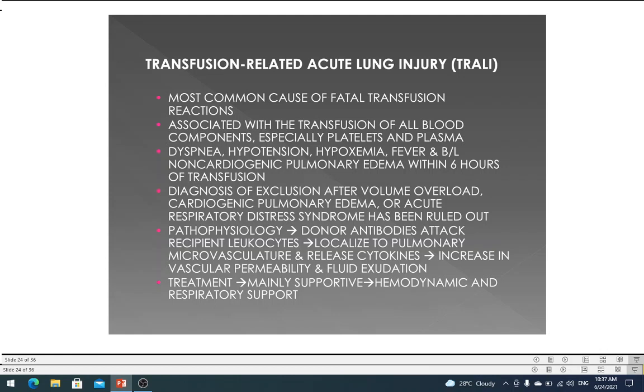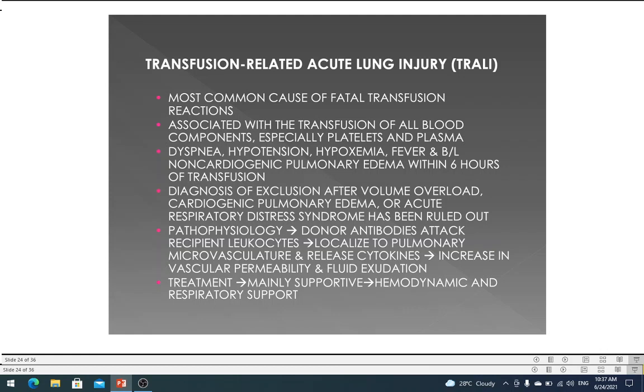Suppose a patient has a history of coronary artery disease, his heart is already weak. When you give a transfusion, you might overload the heart. You can go into congestive cardiac failure, which can reflect as pulmonary edema. You understand what I mean? Or the patient might develop acute respiratory distress syndrome, either because of his initial disease process or because of the transfusion.